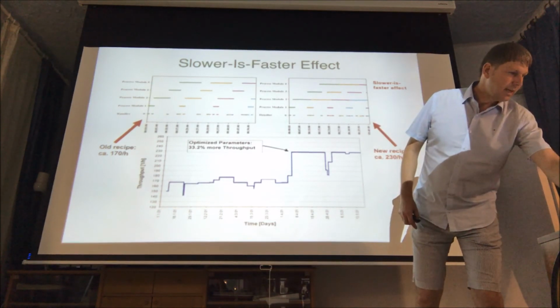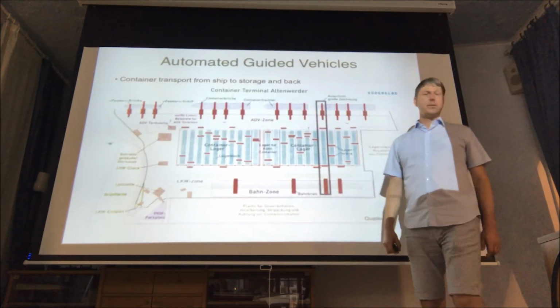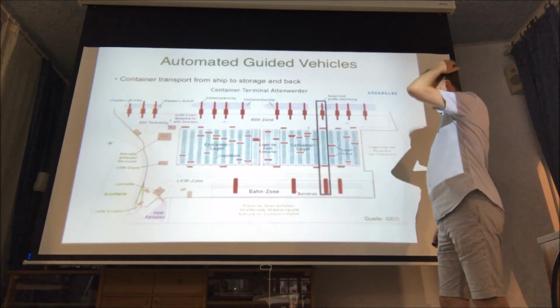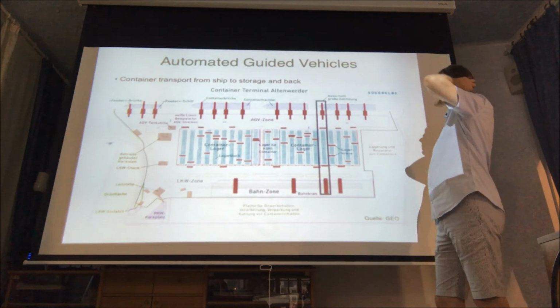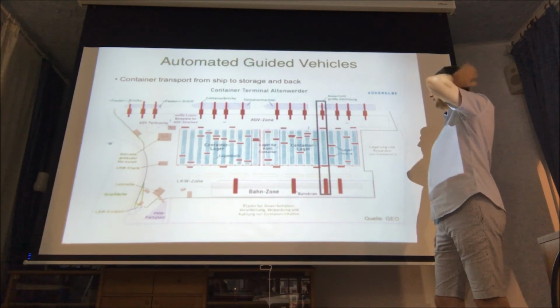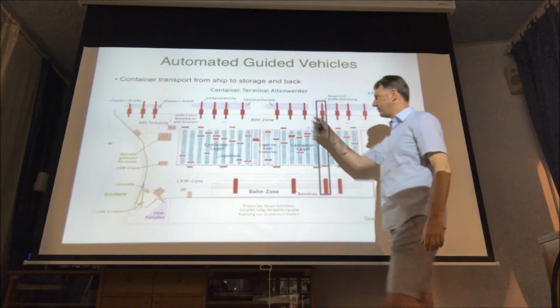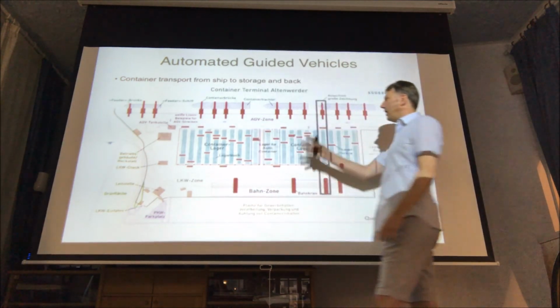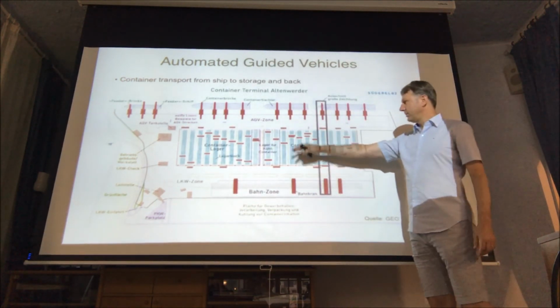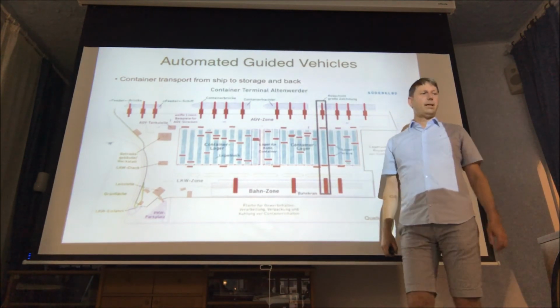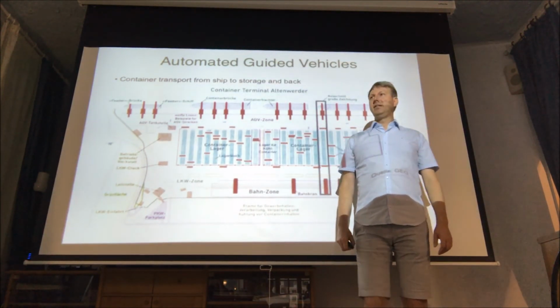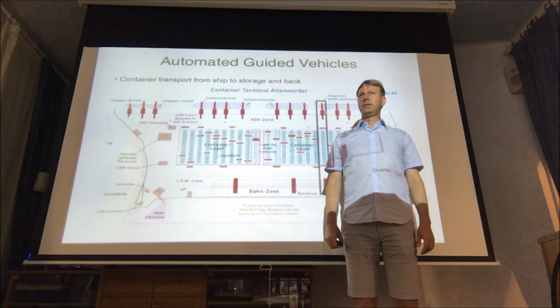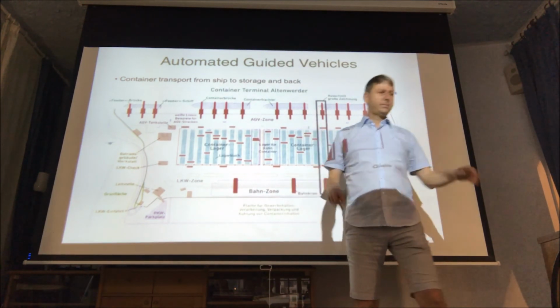Then we were asked to come to a harbor. And they said, look, we have these automated guided vehicles that basically move around the containers in our harbor space, from the ships to the storage space and back and all this, but they're standing in each other's ways. We said, slow it down.